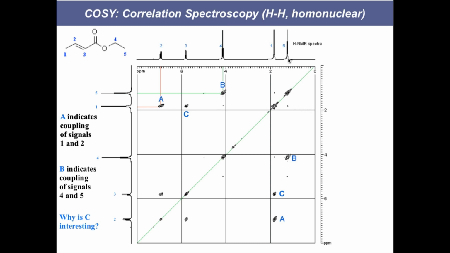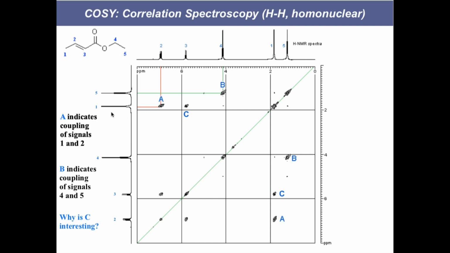That simply means that the hydrogens related to the signal on the 5 are related to the hydrogens on the signal on the 5. That's not surprising. So all of the correlation we see in the diagonal, we can ignore. That's obvious. But it's the off-axis things that are interesting. For example, see this signal here in A. Our A signal is relating whatever hydrogens are causing signal 1 and whatever hydrogens are causing signal 2.